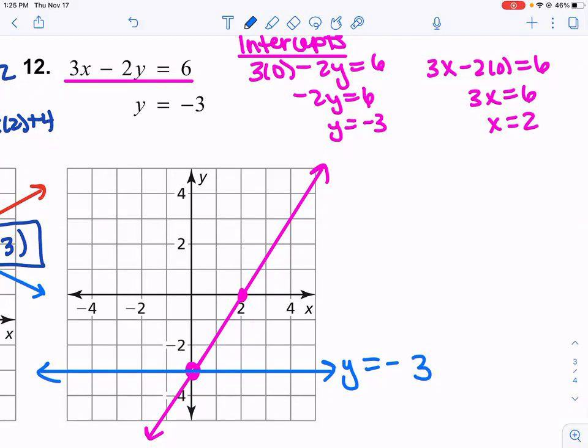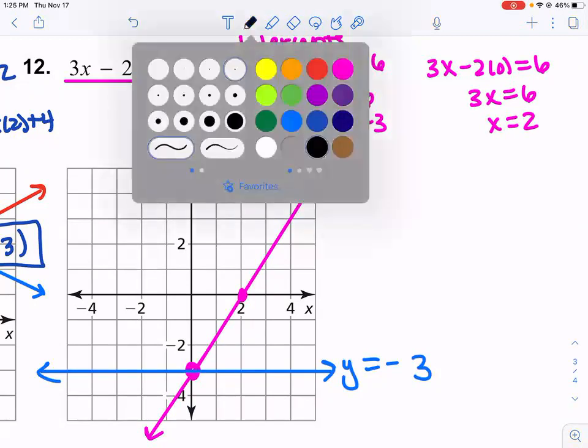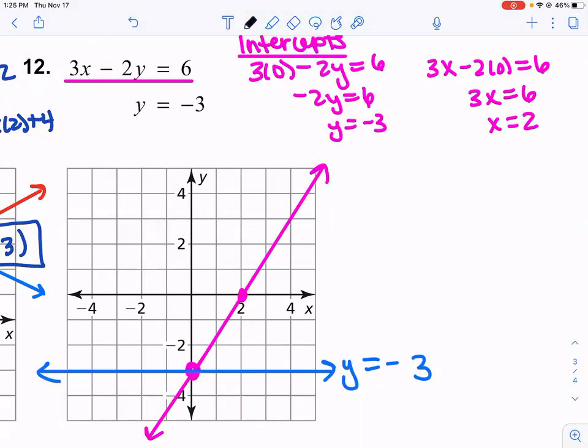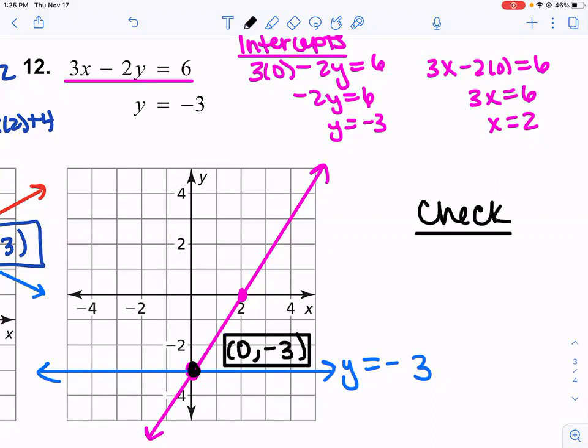Peyton, did you have a question? Okay. All right. Well, Peyton, since I have your attention, what point of intersection do we have? 0, negative 3. Okay. Let's check.